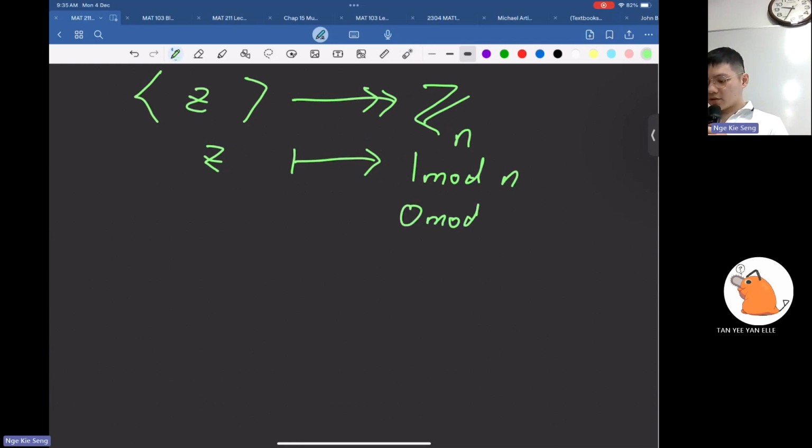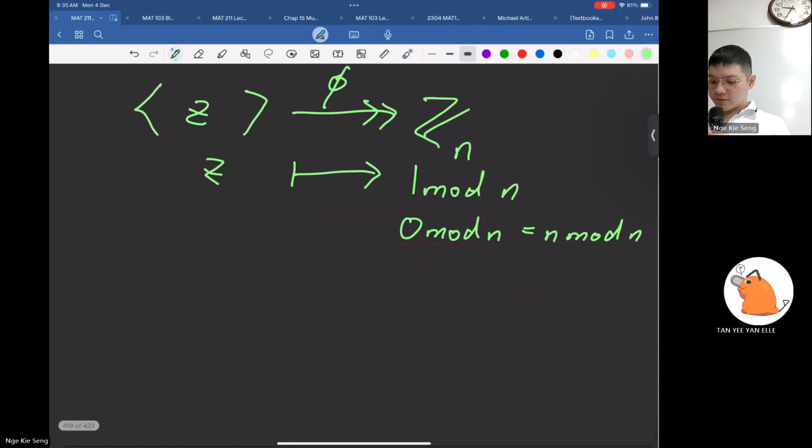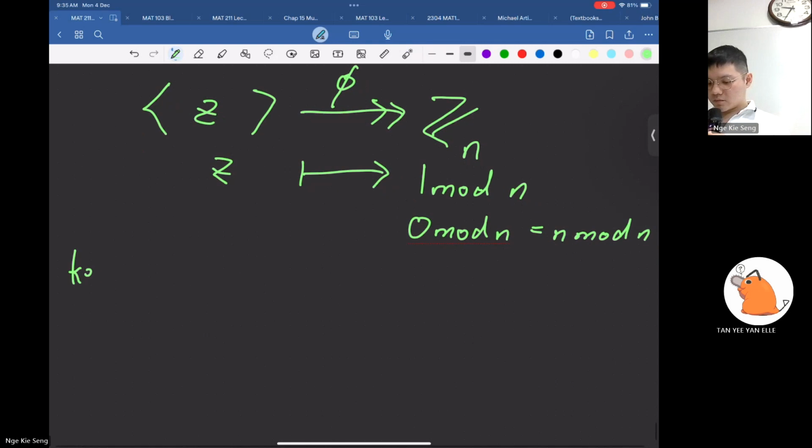Multiples of n. So 0 mod n, n mod n, 2n mod n, minus n mod n, right? These are the things that get sent to 0. So in that case, what is the kernel of this phi? Z^n.